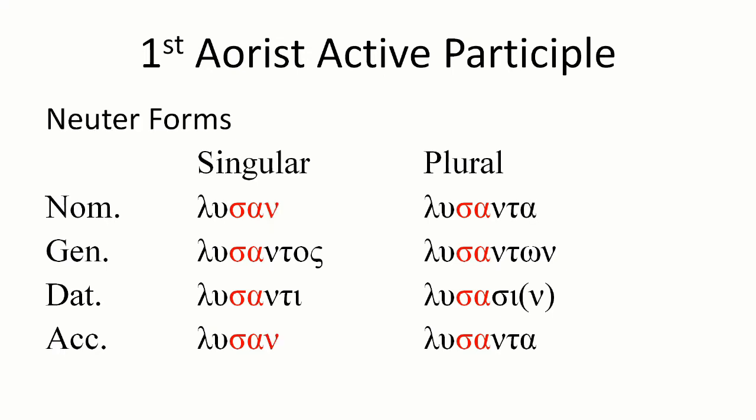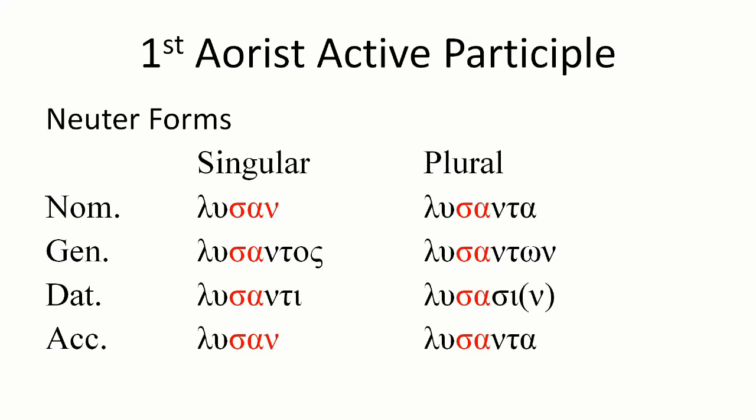All right, moving on to the neuters now. The nominative singular, you'll have to learn this one, lusan. And once you know the nominative singular, you also know the accusative singular, lusan. They're identical. Then the genitive and dative are the same as the masculine, lusantos and lusanti. Plurals, nominative plural neuter, lusanta. Accusative is identical to it.